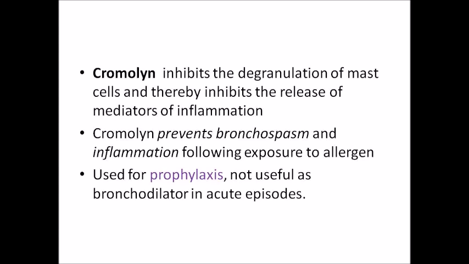Therefore, cromolyn can be used for prophylaxis and not as a treatment, because if a bronchus is constricted, cromolyn can't do anything to dilate it. What cromolyn can do is, once you are exposed to an allergen, inhibit the release of inflammatory mediators and prevent bronchospasm. So, mast cell stabilizers are used for prophylaxis of asthma.